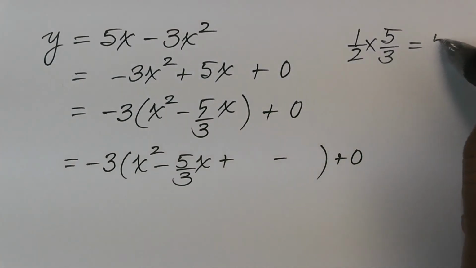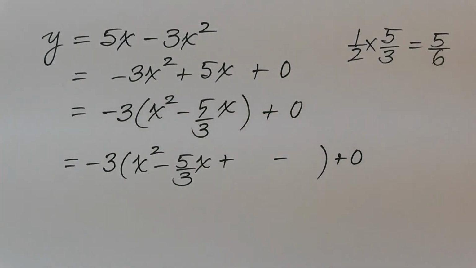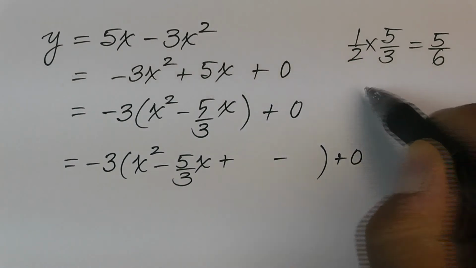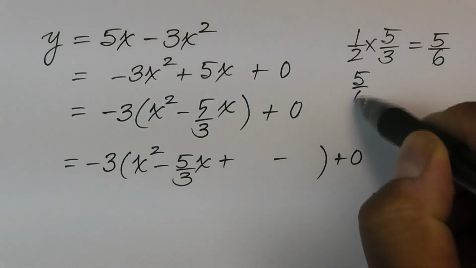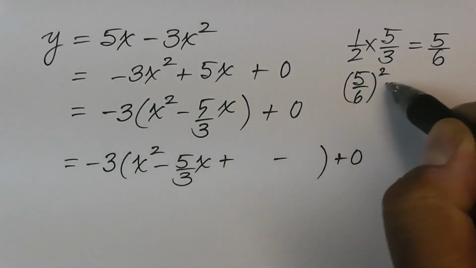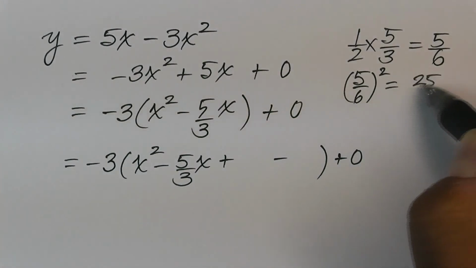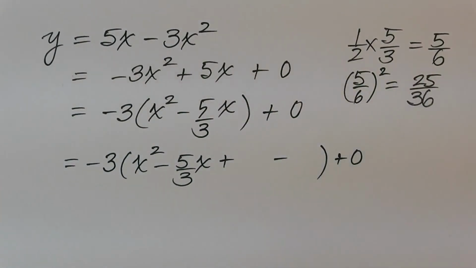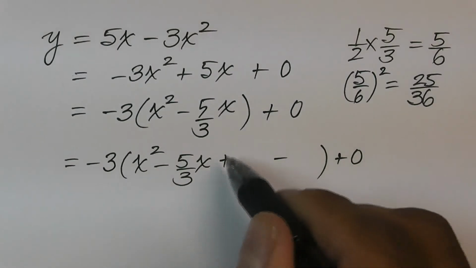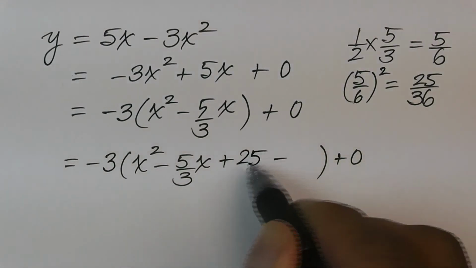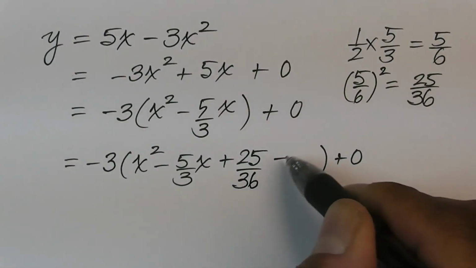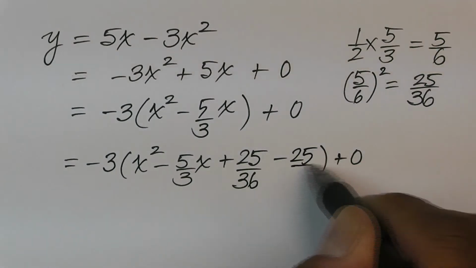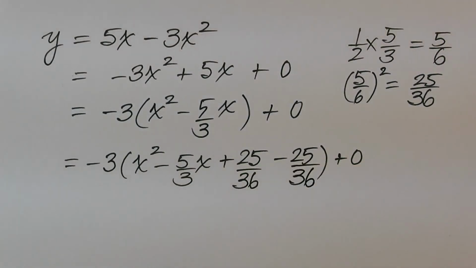And that gives us 5 over 6. I then take 5 over 6 and square it, which gives me 25 over 36. So I'm going to add 25 over 36. I'm going to subtract 25 over 36.